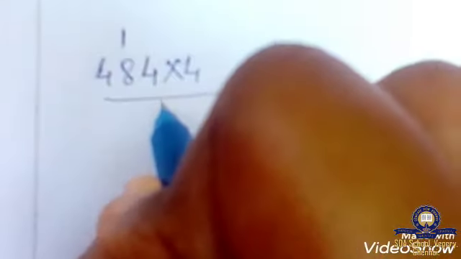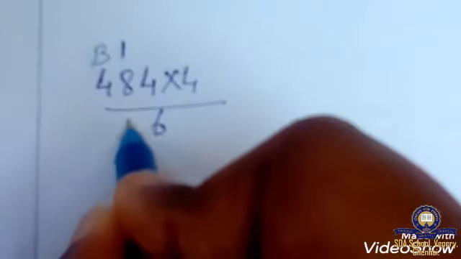The next term will be nearest to it. So let's take 4. 4 4s are 16, 4 8s are 32. 32 plus 1, 33. 4 4s are 16. 16 plus 3, 19.